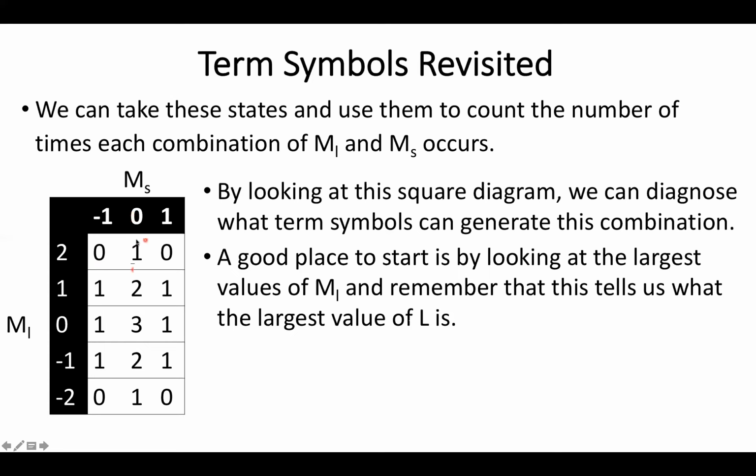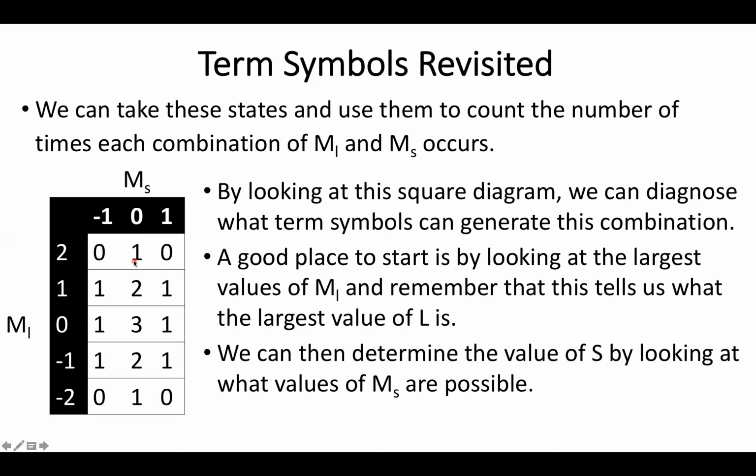Then, looking at this, I know that if L equals 2, I can't have an m sub s of positive or -1. I only have an m sub s of 0, which means when L equals 2, the largest value of m sub s I can have is 0. So my largest S value is also going to be 0.